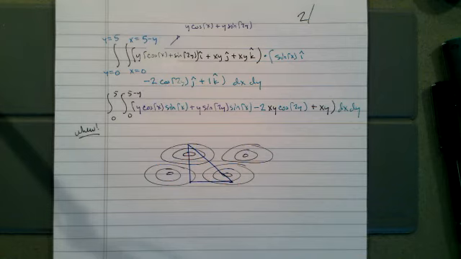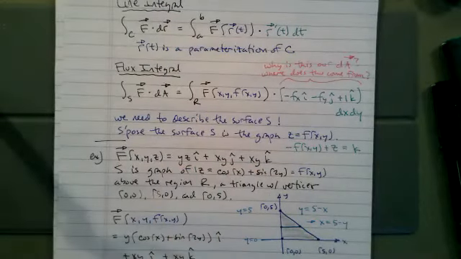So we're looking at all the surface where those peaks and valleys are above this one triangle. And we're calculating how this vector field flows through that surface.